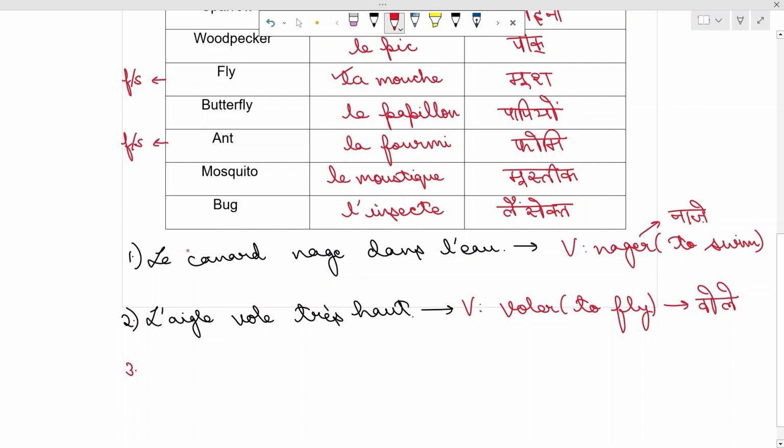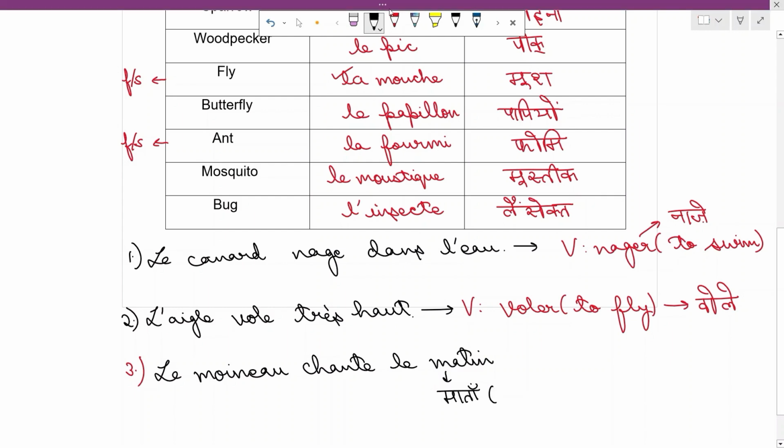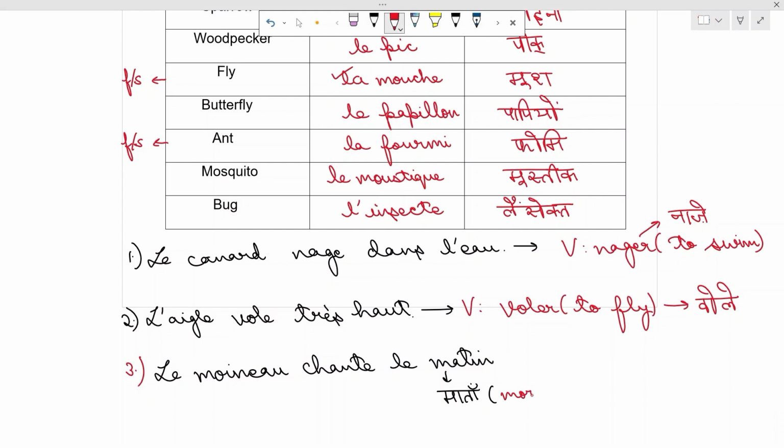The third sentence is le moineau chante le matin. Matin means morning. The verb over here is chanter, which means to sing.